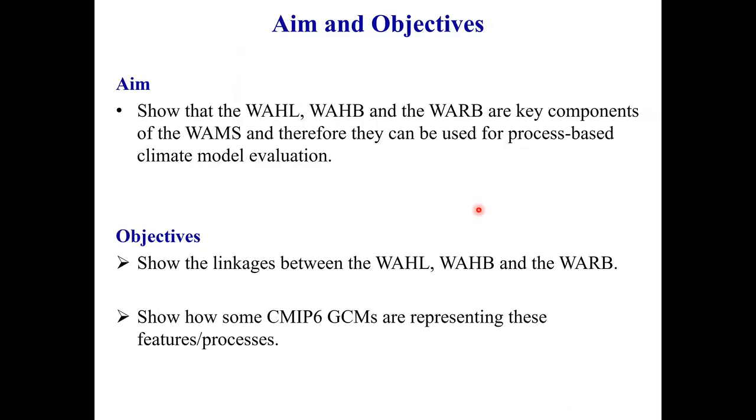So the aim of this presentation is to show that indeed the West African heat low, the West African heat band, and the West African rain band are key components of the West African monsoon system, and therefore they can be used for process-based climate model evaluation. The specific objectives are to show the linkages between the three features or processes, and then also show the representation of some few CMIP6 GCMs, as to how they represent these processes or features.